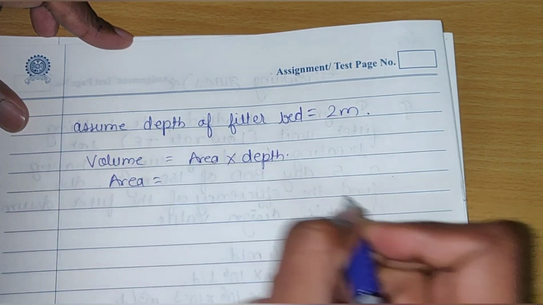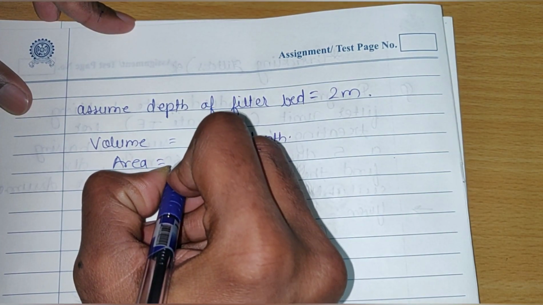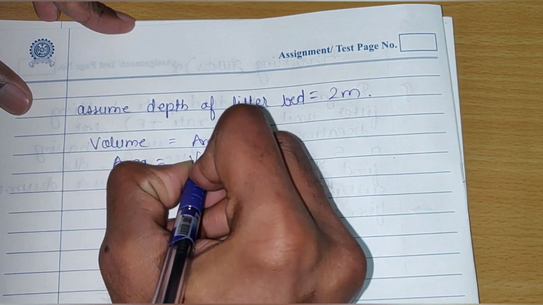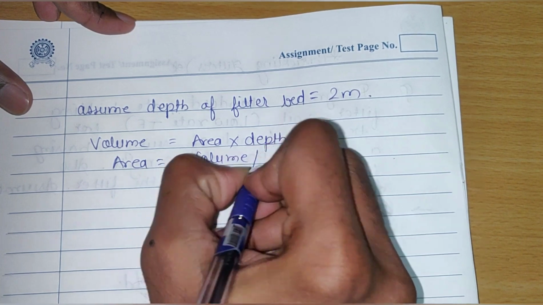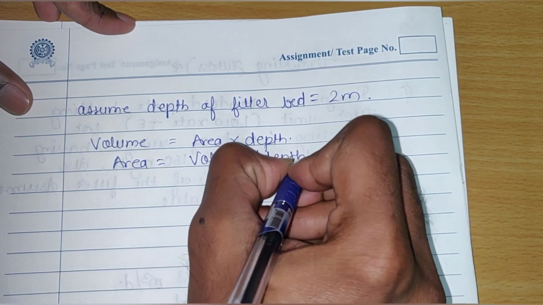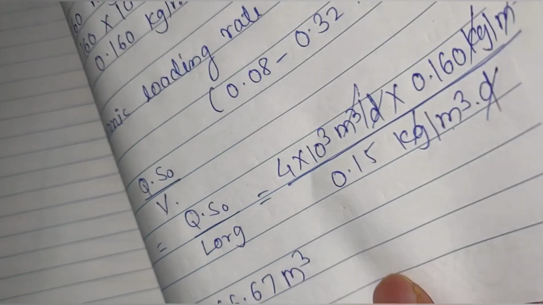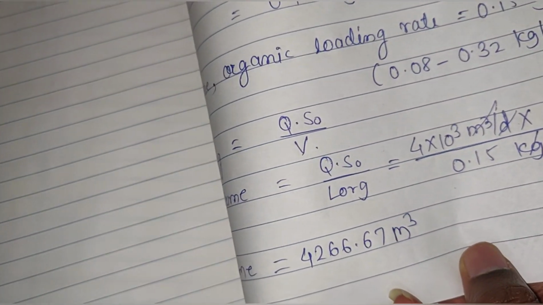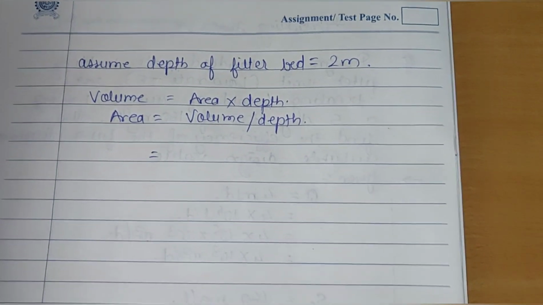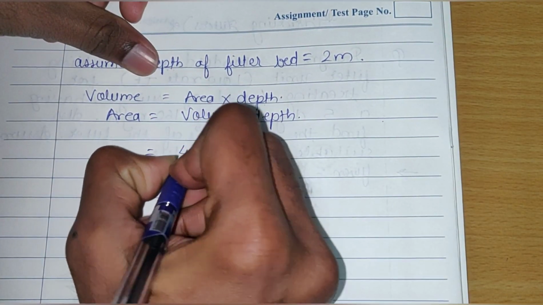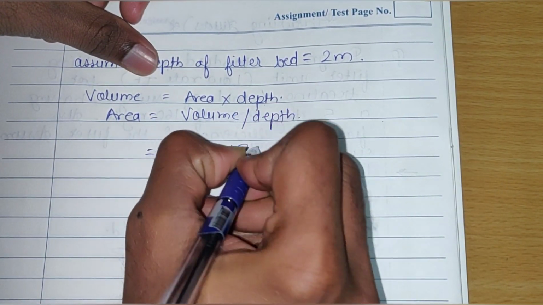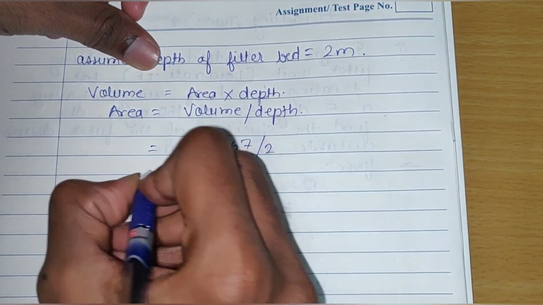Area is equal to volume upon depth. Value of volume is 4266.67 divided by 2 meter.